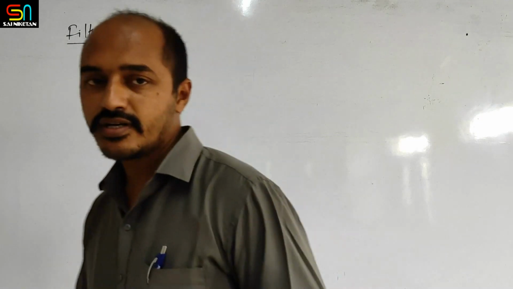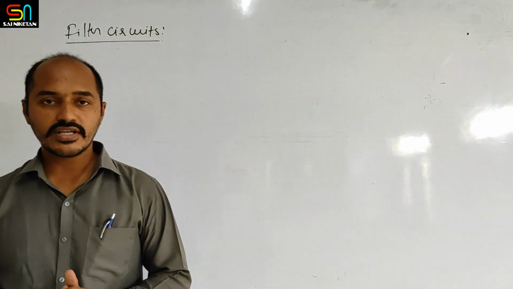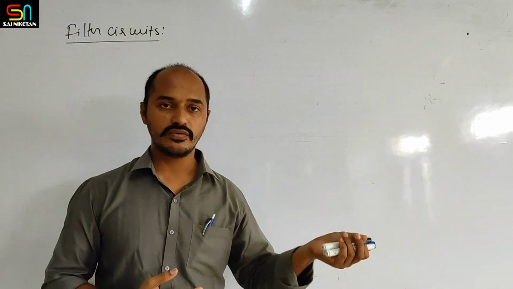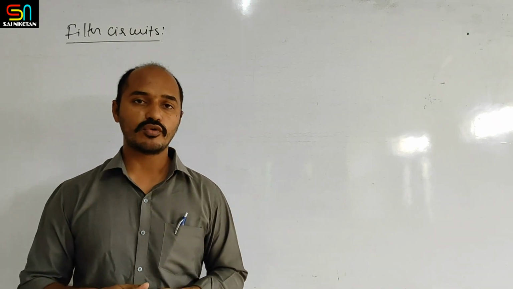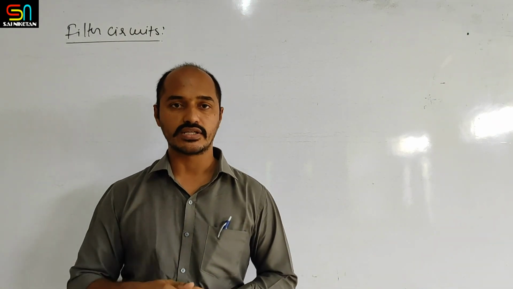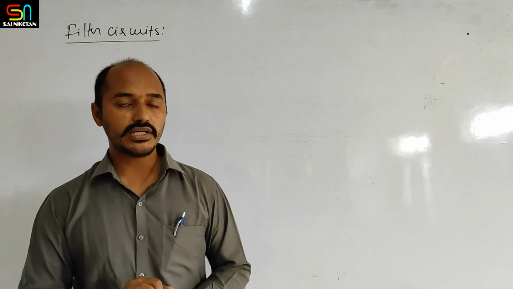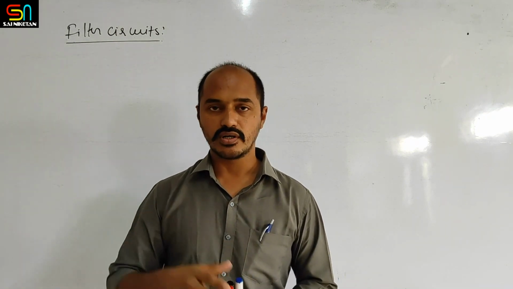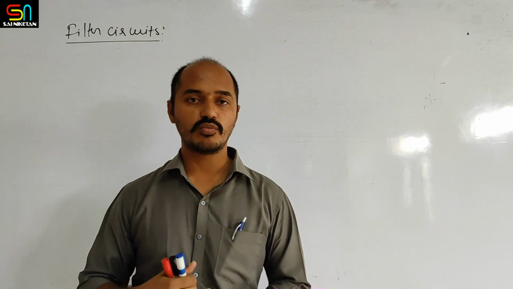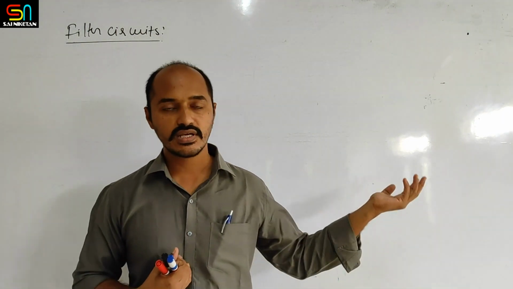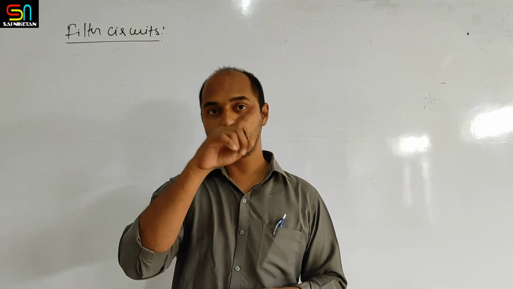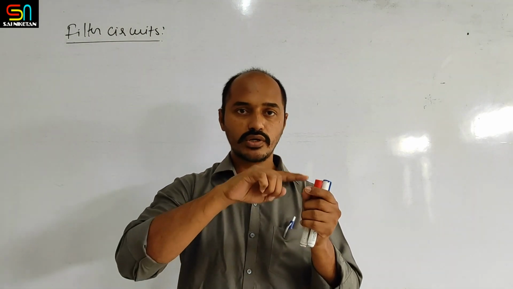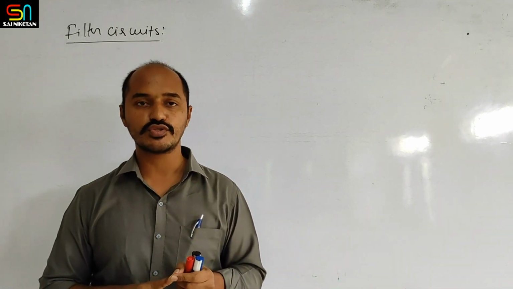So next is the filter circuit. Regarding this one we will see, whatever output we have got from the rectifiers is unidirectional, we can agree that. But we have got some pulsating output, like certainly the voltage increases and certainly it becomes zero.